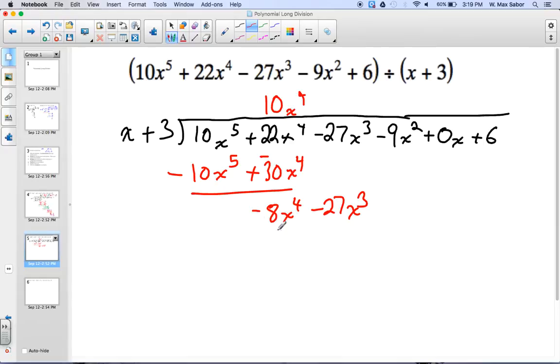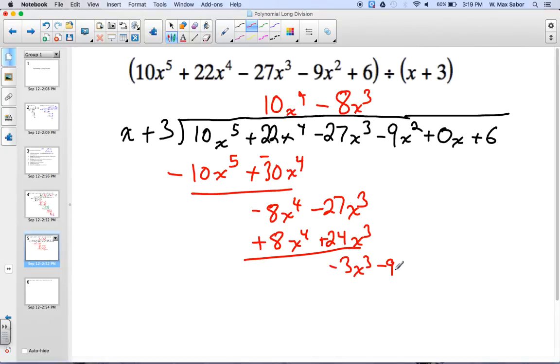How do we get this divided by x will be negative 8x cubed. So that's negative 8x to the 4th minus 24x cubed. Add these, add those, we're left with negative 3x cubed minus 9x squared.